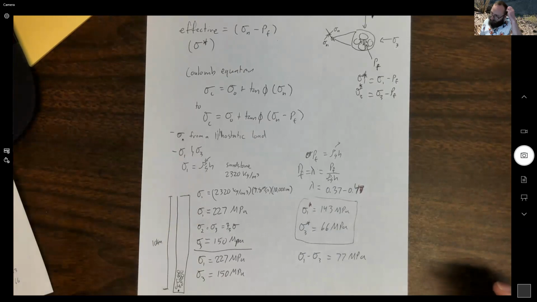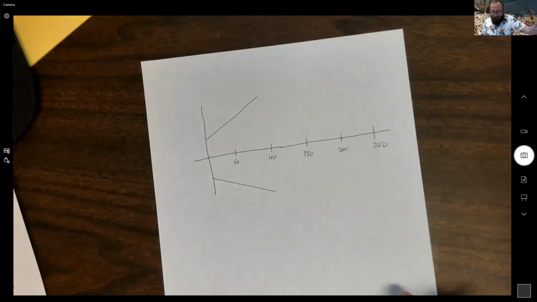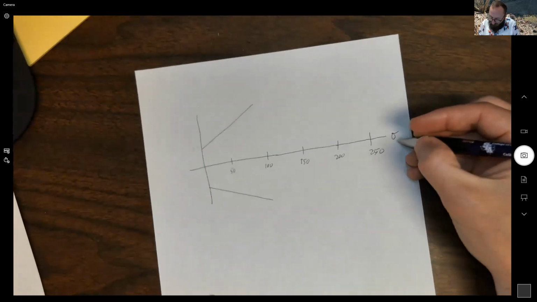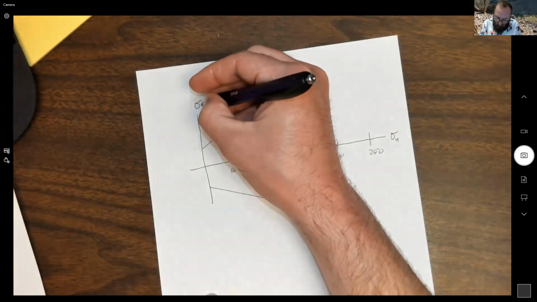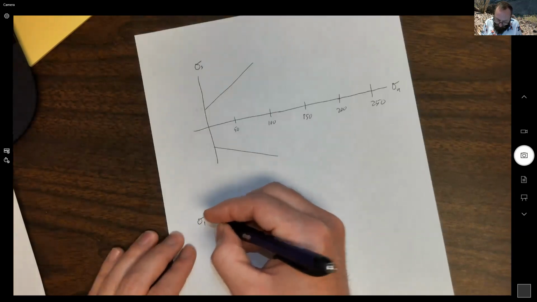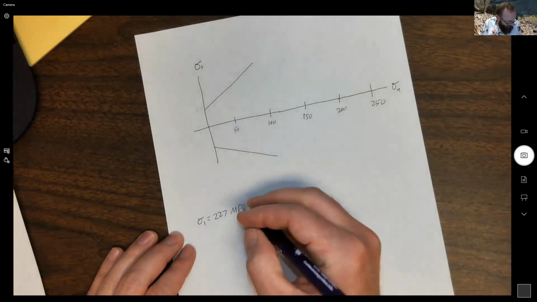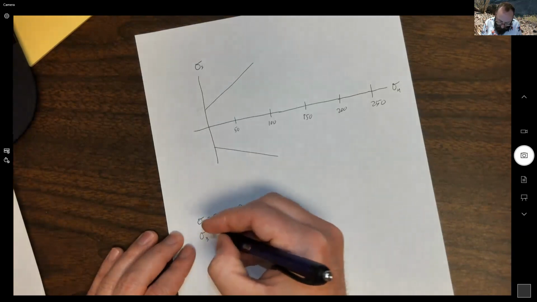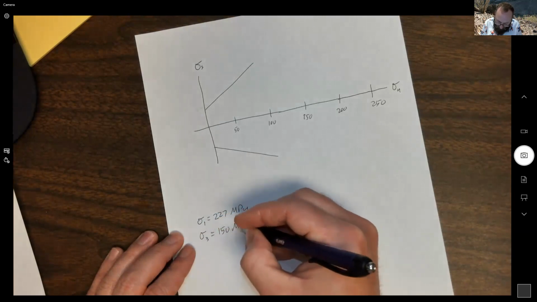So let's think of the significance of that in terms of our Mohr circles. I pre-drew this sigma n, sigma s. Originally we had sigma 1 equals 227 MPa, and sigma 3 equals 150 MPa.